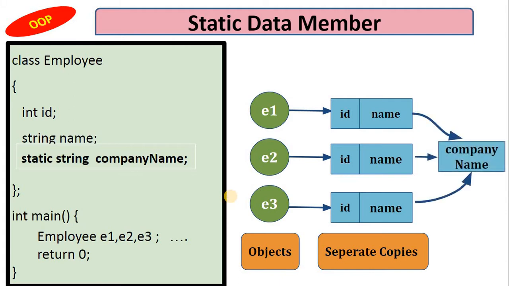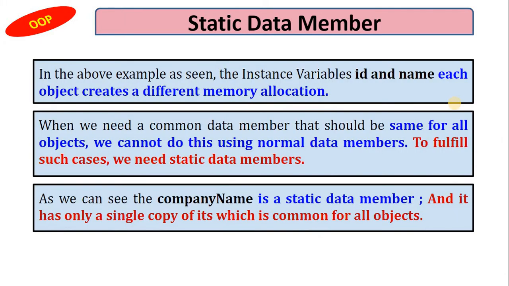So if E1 changes the name of the company, automatically E2 will have the same company name and E3 also, because the memory allocation is the same for all the objects. Only a single copy of company name is generated. So for static data members, only a single copy is created for all the objects, whereas normal data members have separate copies for each object.